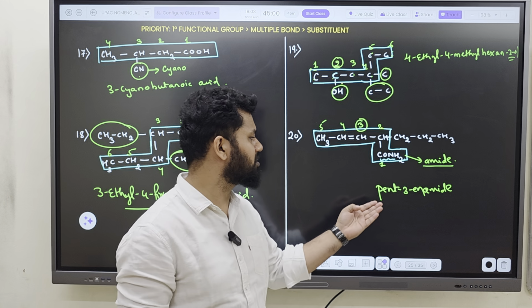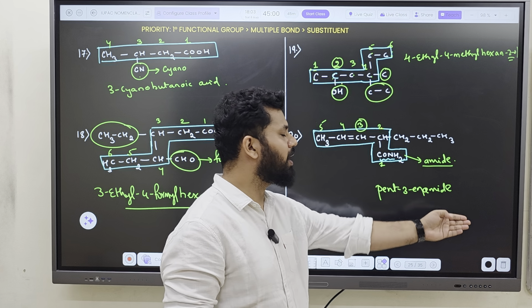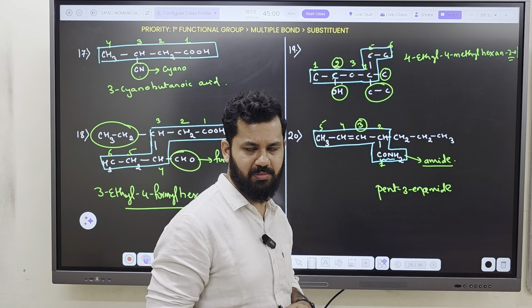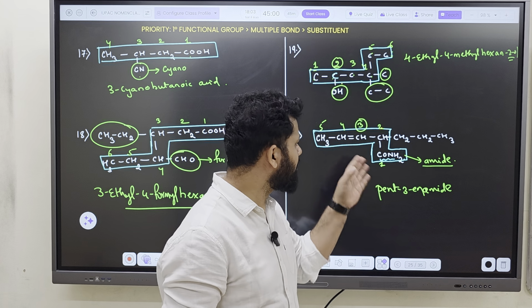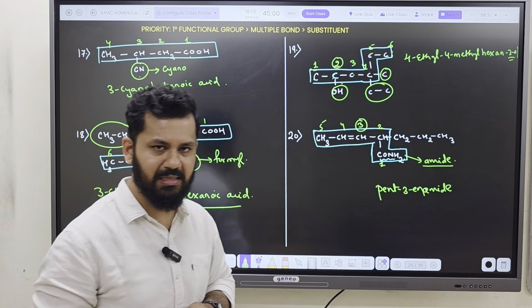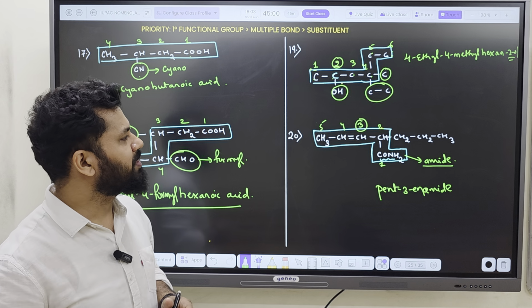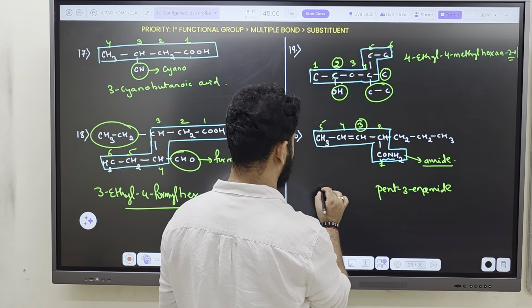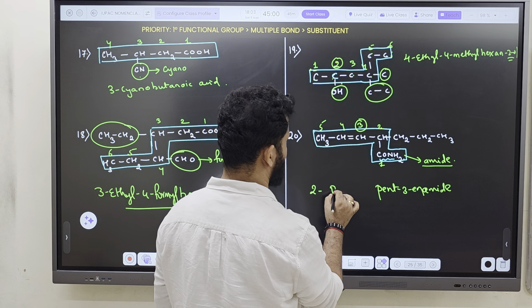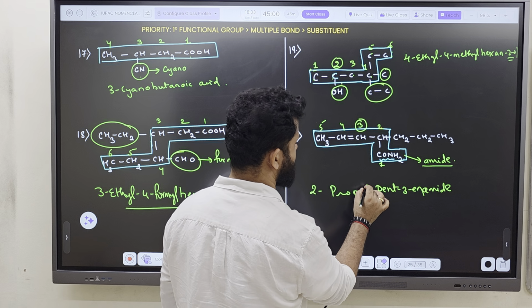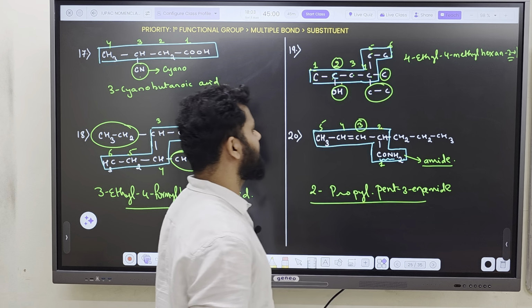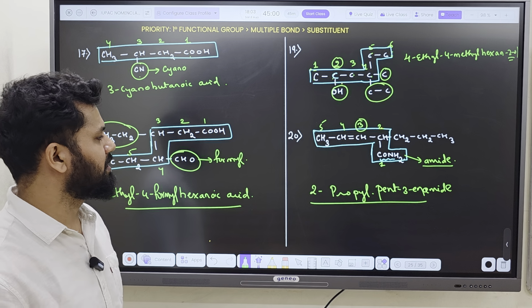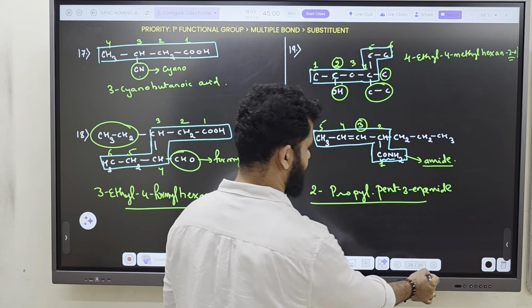It is understood that it is 1-amide because you cannot have 2 amides over here. So it becomes pent-3-enamide, and at the second position we have a propyl group. So 2-propylpent-3-enamide.